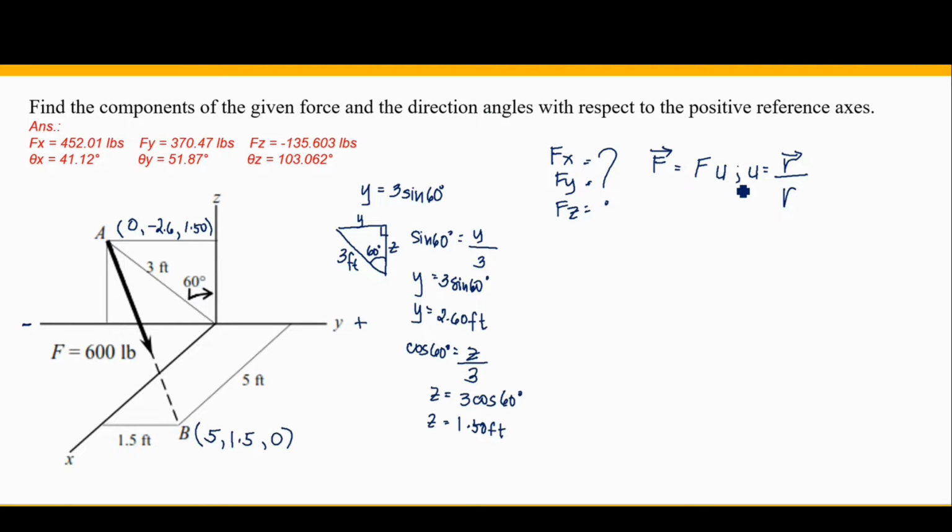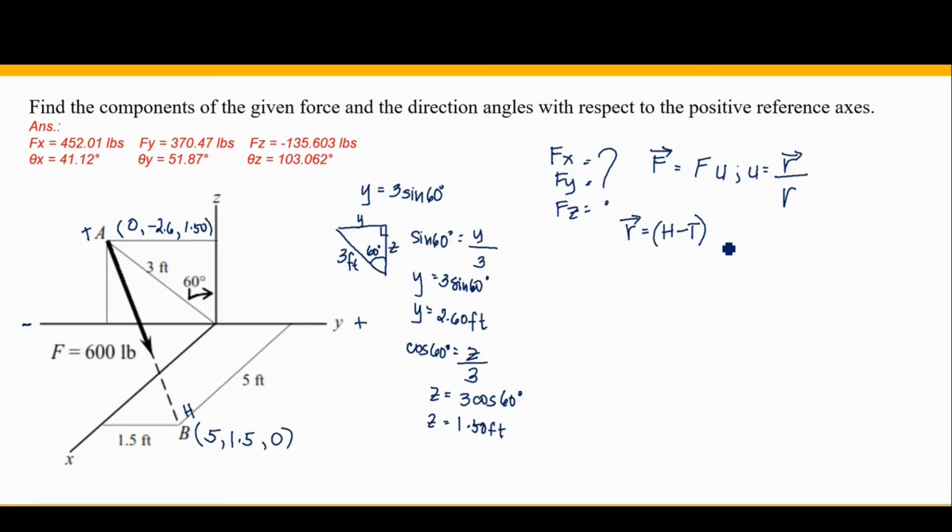So, we now need our position vector R. When we say position vector R, we are just subtracting. This one is the head of the arrow, and this is the tail. So, what we do here is head minus tail. Okay? And we are referring to the vector.